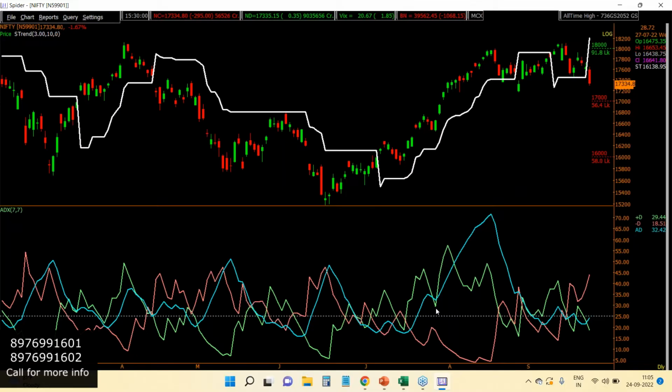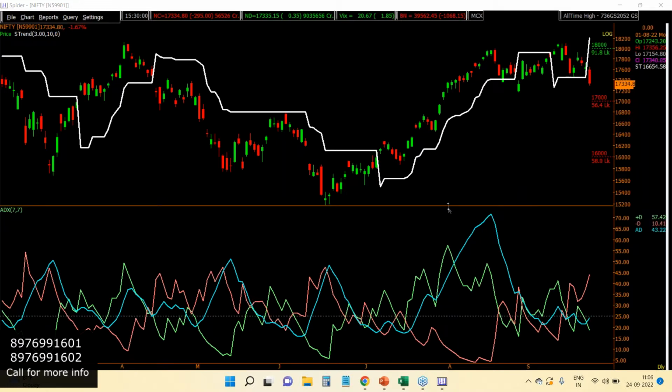But in which direction the strength is going will be decided using the other two lines, the green line and the red line. In this condition, the blue line is trending upwards and it is also above 25, correct. Also the green line, the positive DI, shows you that the trend is continuing in that direction.